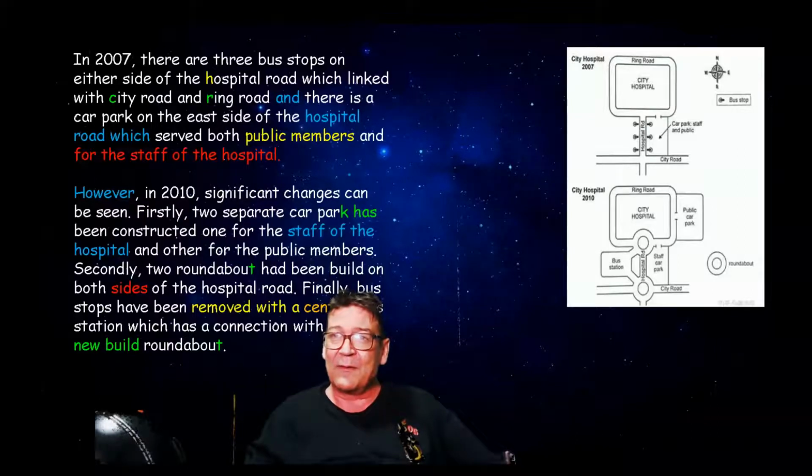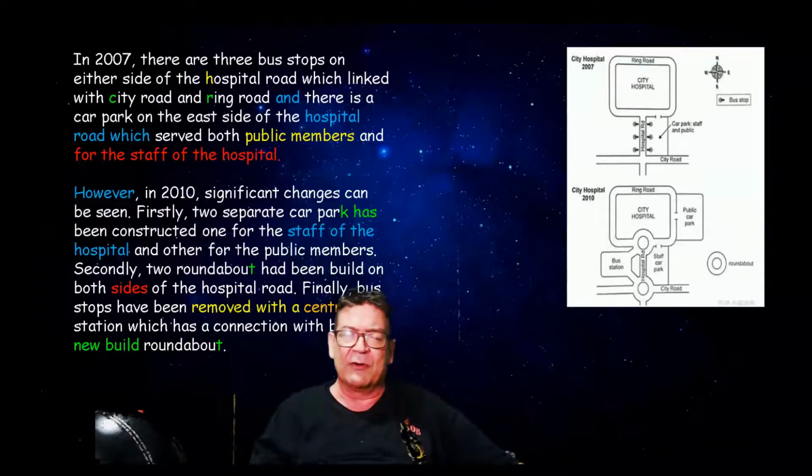However, I would recommend that everybody just leave 'however' out of their Task 1, because 'however' is generally used to express contrasts between ideas. Now, if you had expressed an idea in the first paragraph, like in 2007, all of the transportation infrastructure was south of City Hospital.